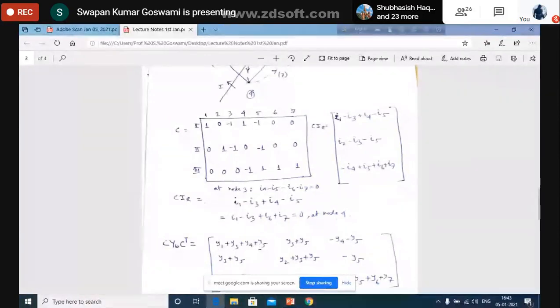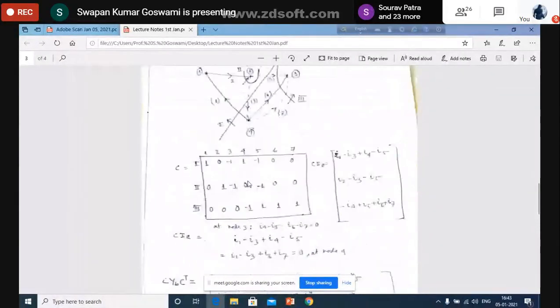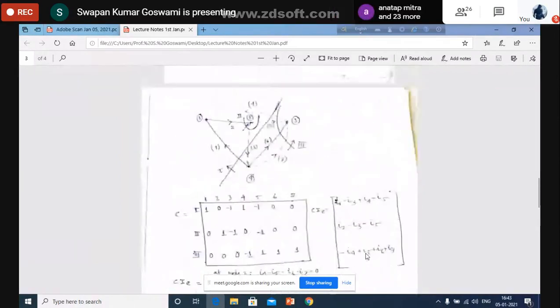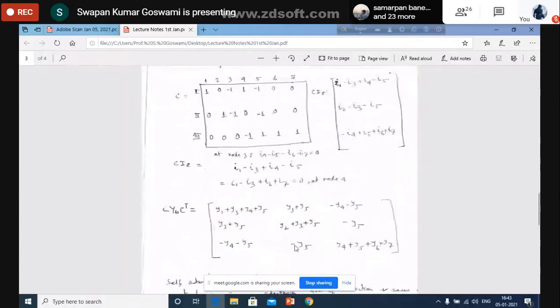Similarly, for the second Kirchhoff, these are the elements 2, 3, and 5, and the diagonal term of second row, second column is nothing but the self admittance of Kirchhoff 2. It is y2 plus y3 plus y5. These 3 elements are there in the Kirchhoff, and y33, this one, is the summation of the elements of Kirchhoff 3, meaning 4, 5, 6, 7. These 4 elements 4, 5, 6, 7.